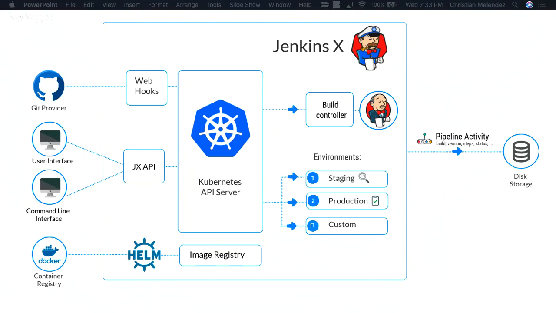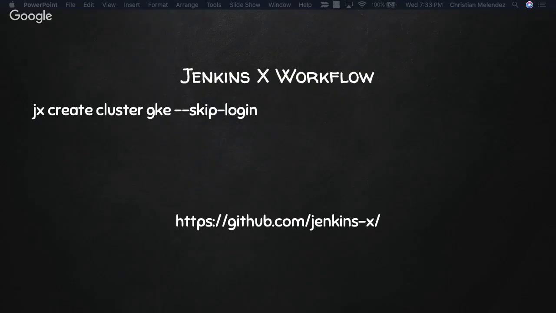It's worth saying that it is already integrated with Google, Azure, and AWS. Jenkins X is already integrated with those cloud providers, but it is also integrated with any on-premises Kubernetes cluster that you have, even on your local machine if you're using Minikube. So the Jenkins X workflow will be, when you start, you can create, for example, I'm creating here a cluster in Google.